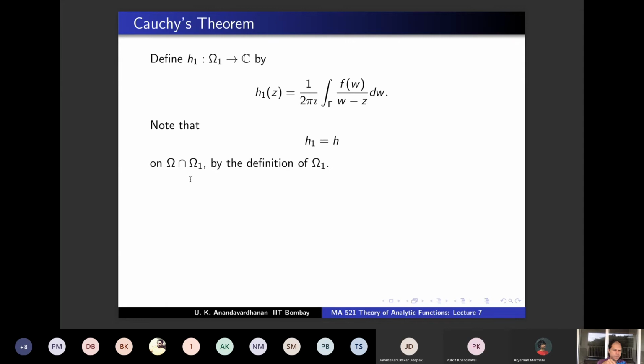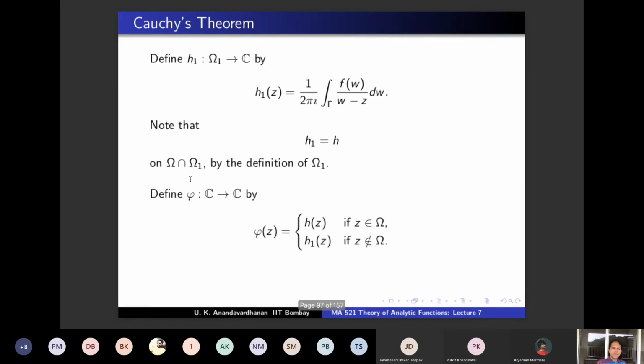Not only that, these two holomorphic functions agree on the intersection. Therefore, I can define a function phi on the entire complex plane by: if z is in omega, it is h(z). If z is outside omega, it is h1(z). And this is well defined because on the intersection they agree. So there is no problem.